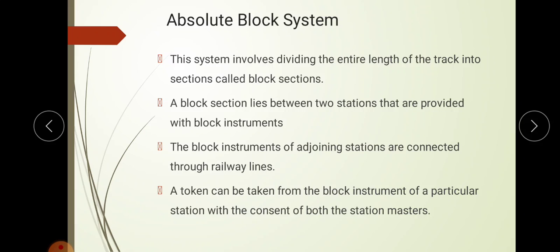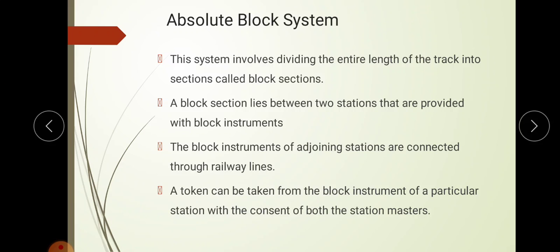That is, if a train is entering a railway station, the station master of the previous station should communicate with the station the train is entering. So a token is created from the block instrument with the consent of both station masters. When the token is given to the driver of the train, it can enter that particular railway station. I will explain it later.